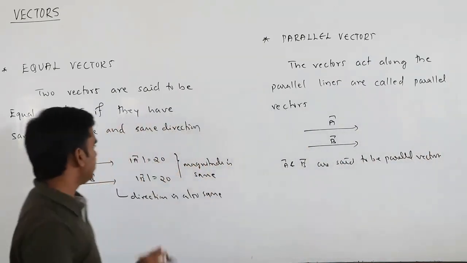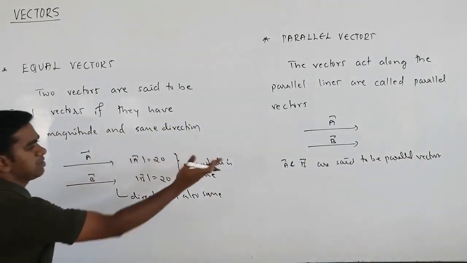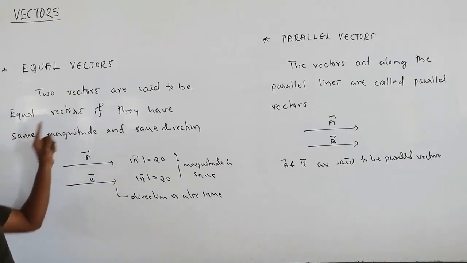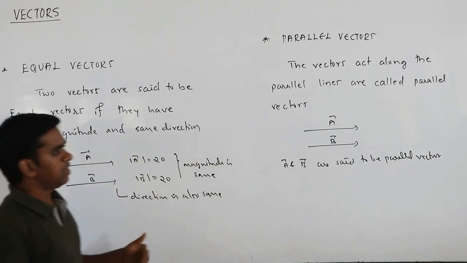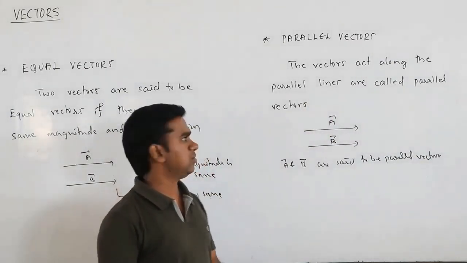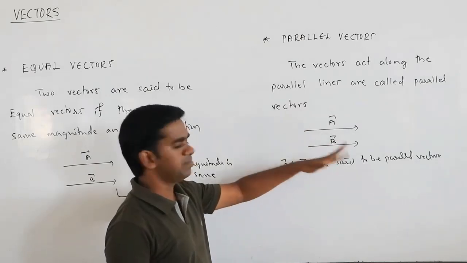Then you may ask, what is the difference between equal vectors and parallel vectors? In equal vectors, magnitude and direction should be same. But here they do not mention anything about the magnitude. They only say the vectors should act along parallel lines.